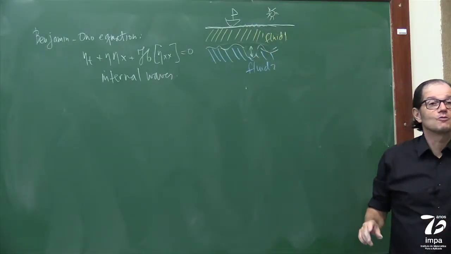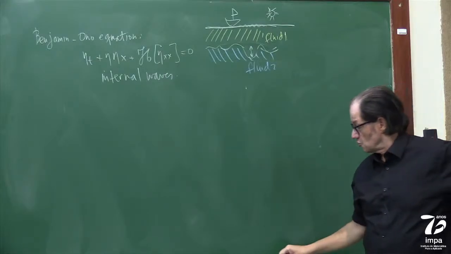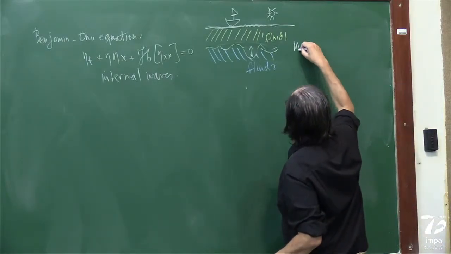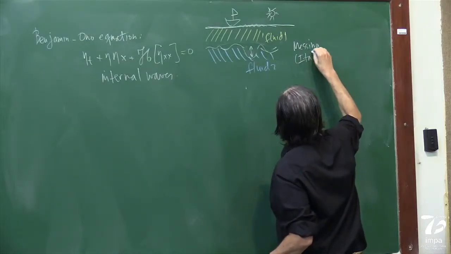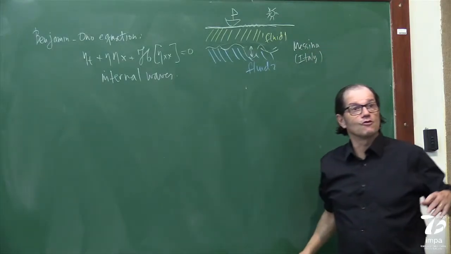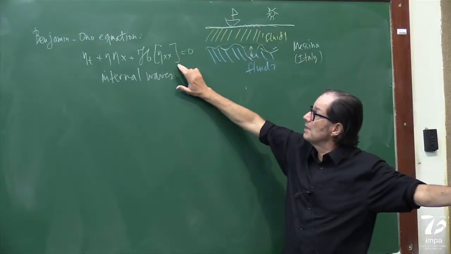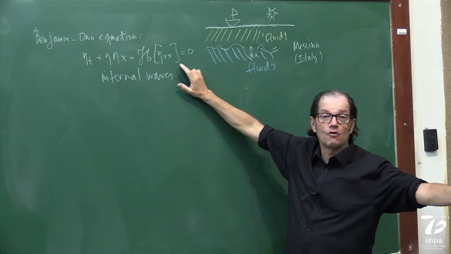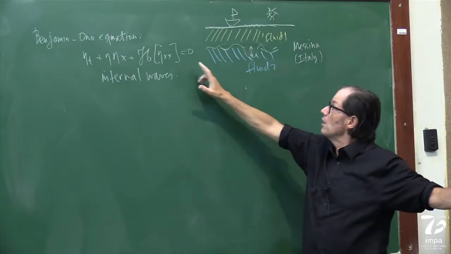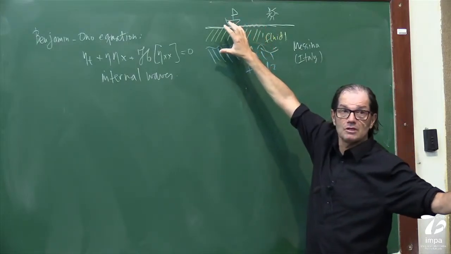If you put in Google internal waves and the Strait of Messina, I think it's written like this, Messina, in Italy, there are some beautiful photographs of the surface and explanations. And the Benjamin-Ono equation was a reduced model, as we learned, for this type of waves, where you imagine that you have potential theory here, potential theory there.